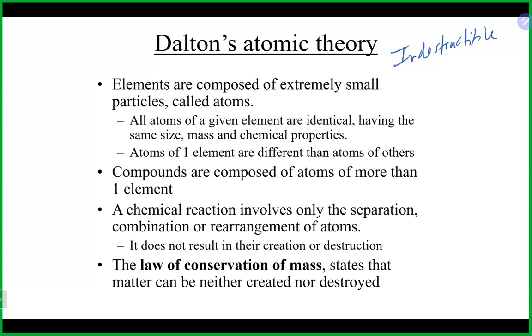So that's the idea, as we see on the bottom there, of the law of conservation of mass. When we have a chemical reaction, as we did a little bit in the energy chapter, all that happens is we break all the bonds and then make new bonds on the other side. So we never change any of the atoms involved in a chemical reaction.